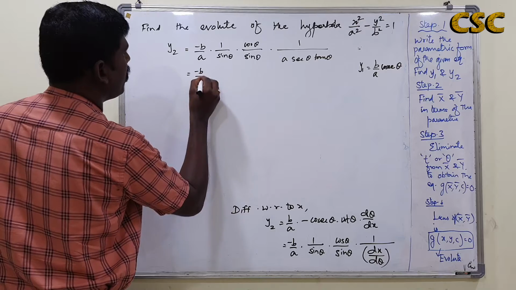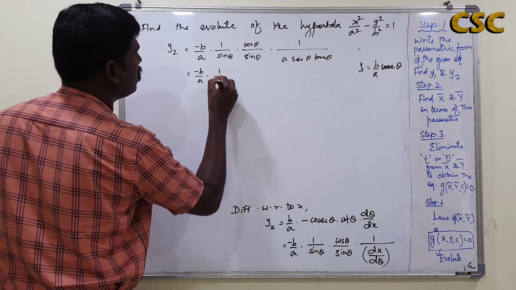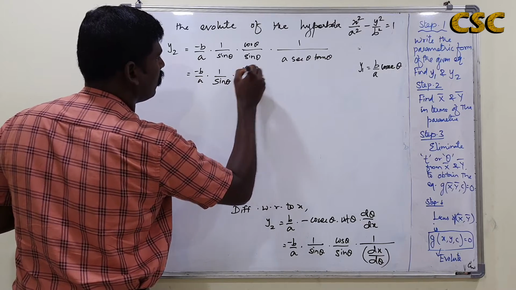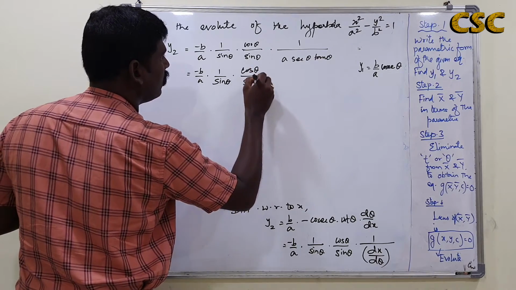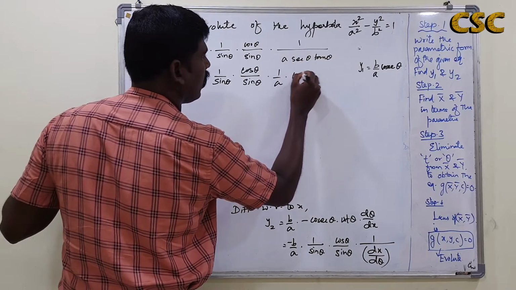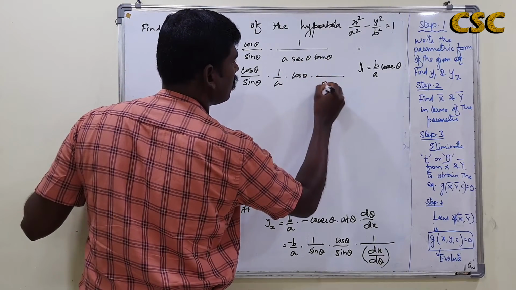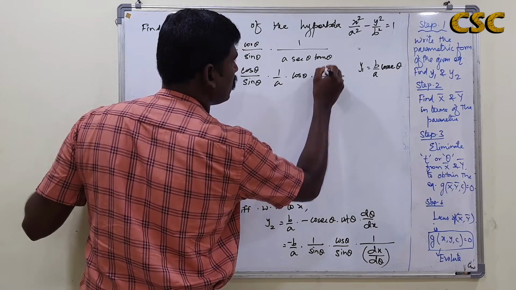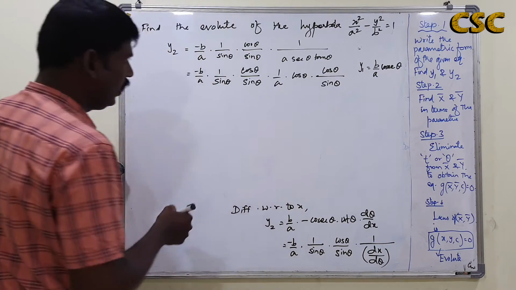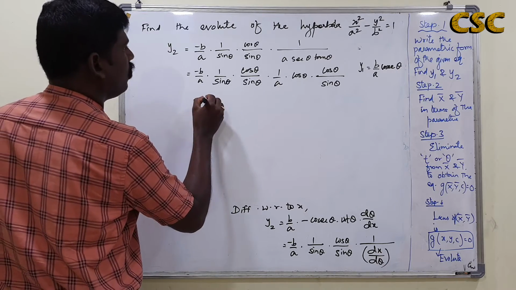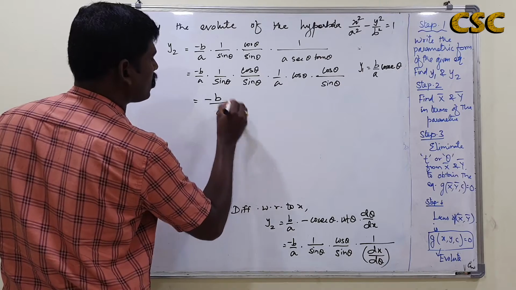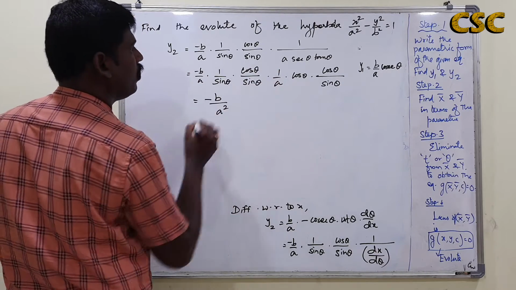That is equal to minus b by a into 1 by sin theta into cos theta by sin theta into 1 by a. What is 1 by secant theta? Cos theta, into 1 by tan theta is cos theta by sin theta. That cos theta is taken to the numerator. So that is equal to minus b by a square, constant.